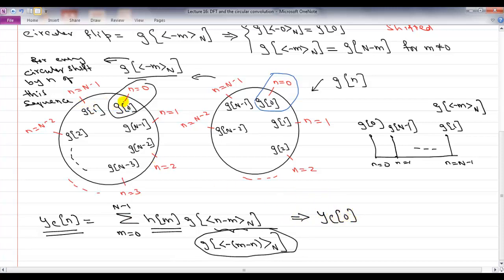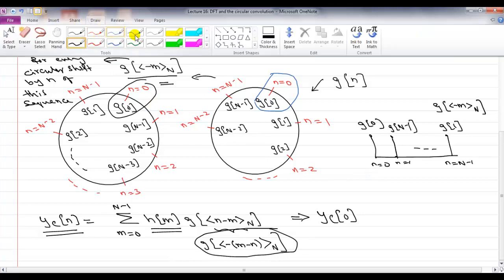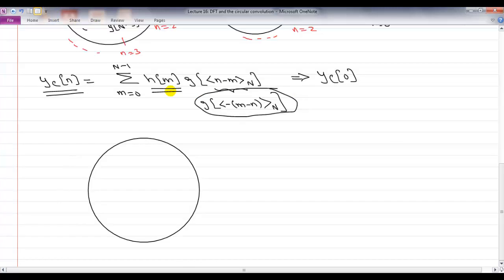So for yc[0], for example, all we have to do is multiply h[m] with g of minus m mod n. We don't have to shift it. So for yc[0], we just multiply this sequence that is right there on the screen with the sequence h[m]. We multiply the respective entities and we add them all up.